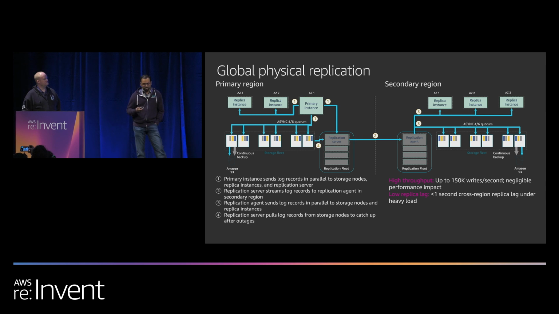And we are able to do this with a replica lag of less than a second cross-region. And we have tested this across all the region pairs, and we are able to keep it up with that. So within the US, from the East Coast to the West Coast, we are able to do it in less than 100, 150 milliseconds. And across all the region pairs, we're able to do less than a second.